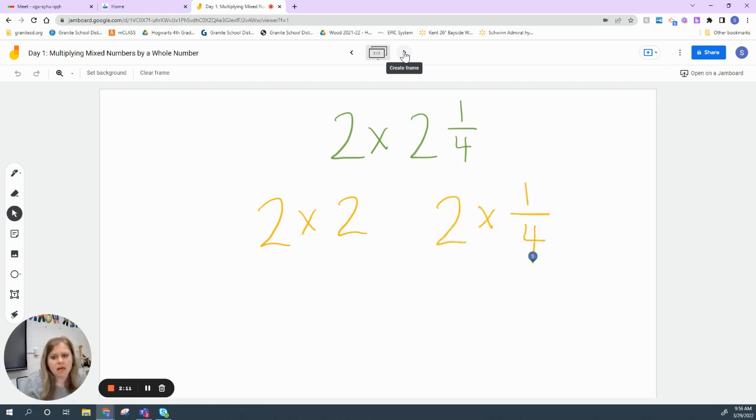If we break it apart, we can see that it's a little bit easier to do. So 2 times 2 is 4, and then 2 times 1/4 is what we've been doing, and that's 2/4.